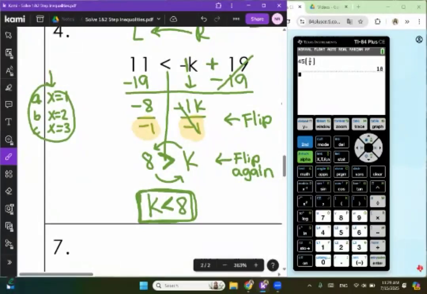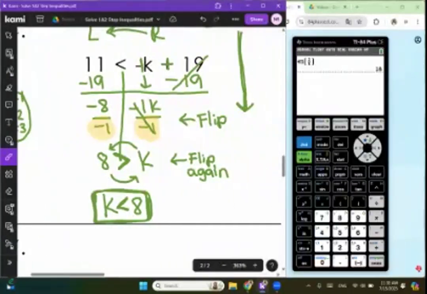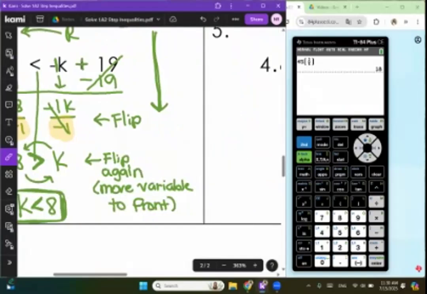But in this case, we had to flip it twice. First time you flipped it was because we were dividing by a negative. The next time is because we need to clean up our answer. We want the variable to be in the front. You want to move the variable to the front. Okay. All right.